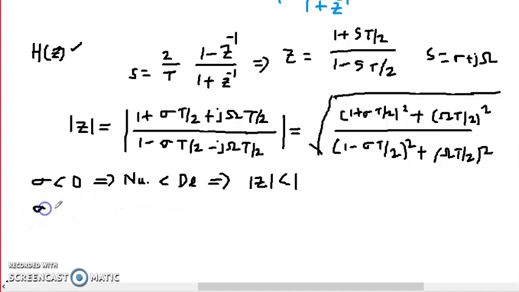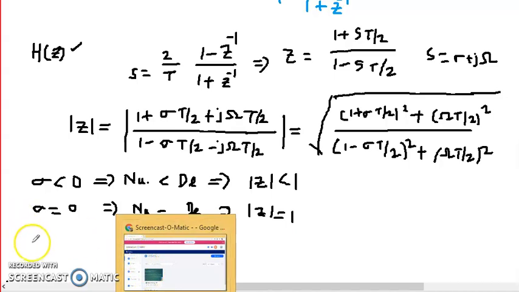And if sigma is equal to 0, then the numerator and the denominator will be equal, so the mod of z will be equal to 1. Agree?